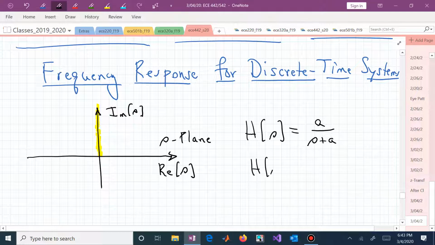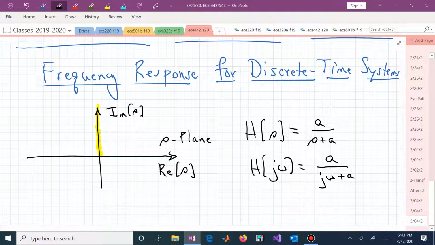We now are looking for its frequency response, which is replacing s with j omega. And we say, you want to know how this system is behaving at omega equal to 1? You plug in omega equal to 1 and find the magnitude and phase. It's just a complex number.